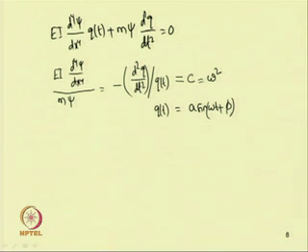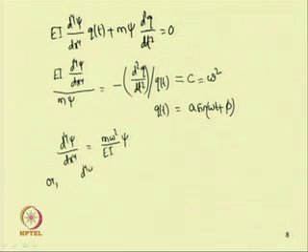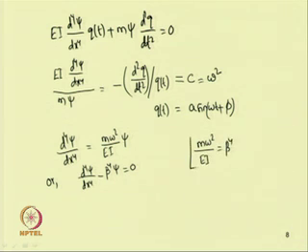where A and φ can be obtained from the initial conditions. Now, from the other part, one can write d⁴ψ/dx⁴ equal to mω²/EI into ψ, or it can be written as d⁴ψ/dx⁴ minus β⁴ψ equal to 0, where one takes mω²/EI equal to β⁴.